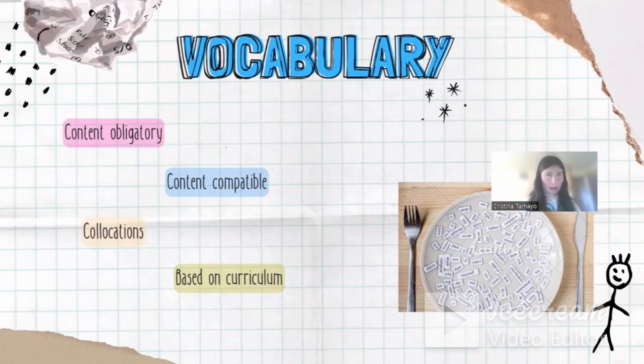Content compatible is vocabulary found within the lesson, and it is useful vocabulary that can be put into practice in our daily life. Collocations are like chunks, idioms, phrases, utterances. And based on the curriculum, this is the vocabulary our students are going to learn, based on society's needs and students' interests.